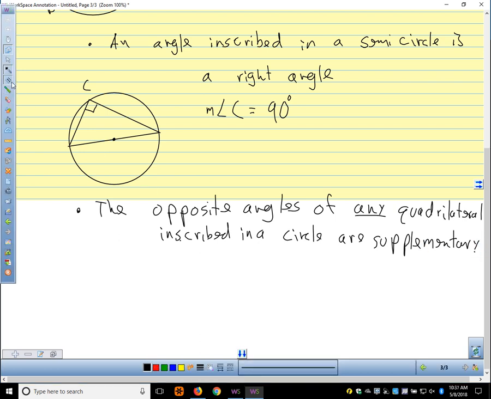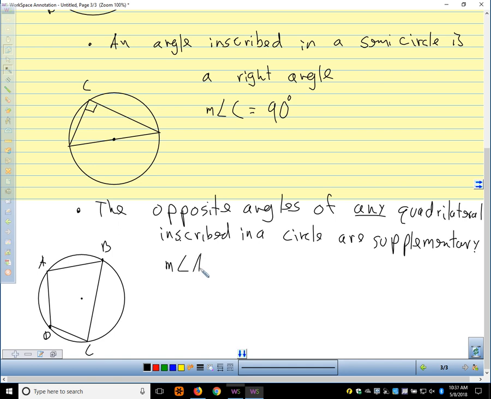So our picture for this looks like so. Any quadrilateral that we inscribe, any four-sided shape, doesn't have to be anything special. I'm going to call this A, B, C, D, and that's a big point there where they intersect.